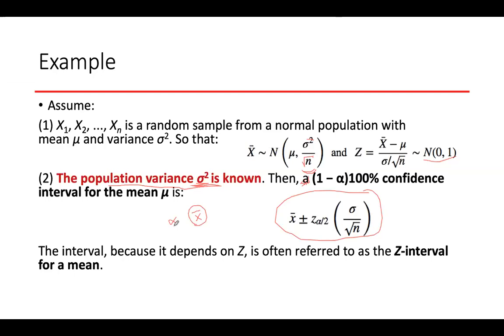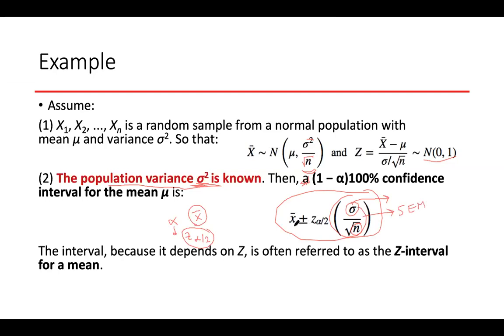And then from the alpha value, you will find z alpha over 2 from the z table. And then sigma is already known, so it is given to me, and I will put it over here. The number of samples I used in my data is here. Similarly, right? This is called standard error of the mean.